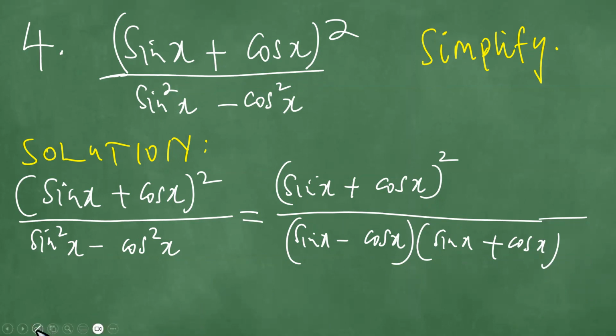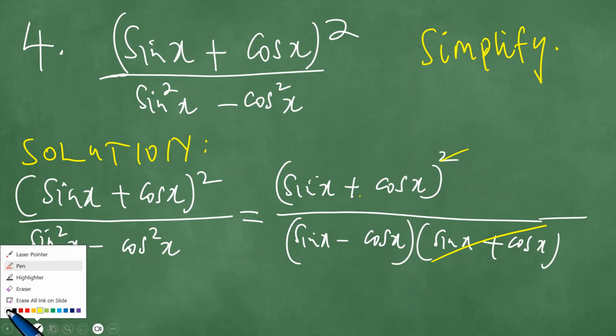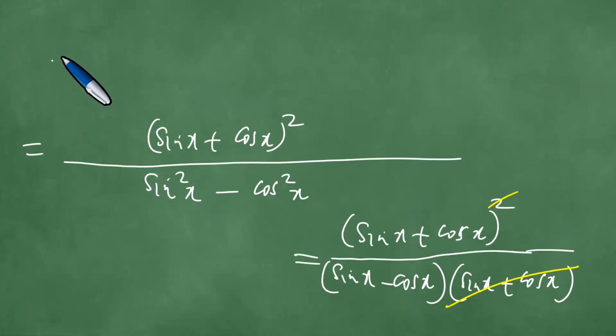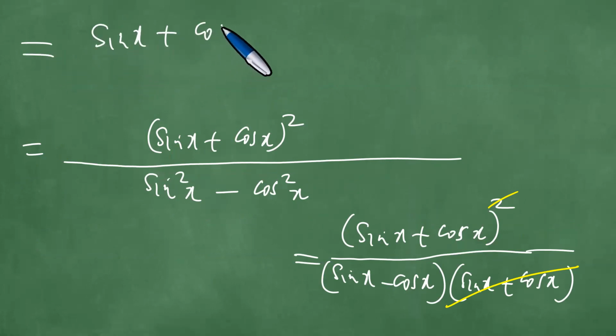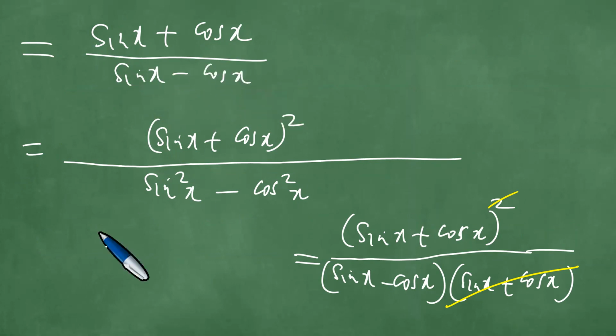Like you saw on the previous page, this cancels one of the factors, so that sine x plus cosine x in the numerator becomes exactly sine x plus cosine x divided by sine x minus cosine x.